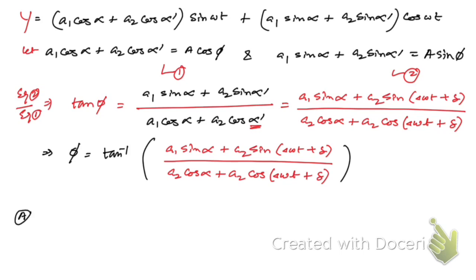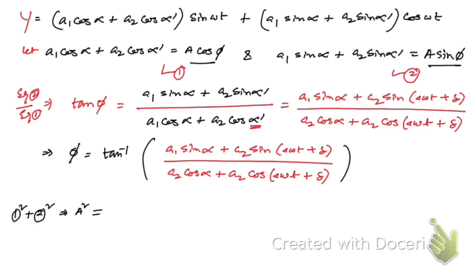If you square and add equation number 1 and 2, then you're going to have A square. If you square this one and this one, then add, you have A square common, and within the bracket you have sine square plus cos square, which is equal to 1, so that's going to be A square.